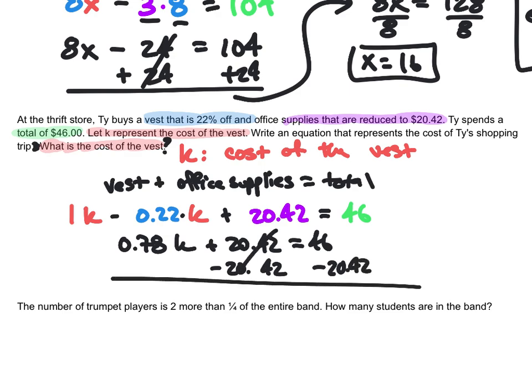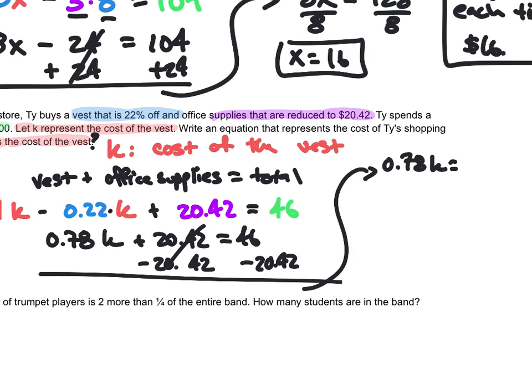All right, and then we end up getting 0.78K is equal to $25.58. Okay, now let's divide by 0.78 on both sides.